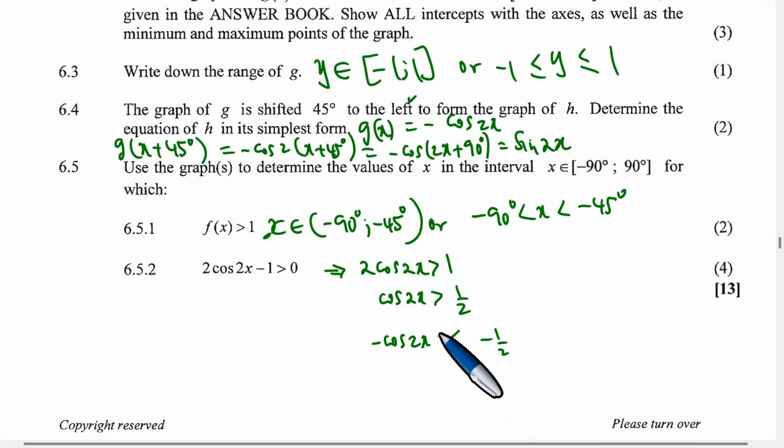We're doing that because this is actually g. G is minus cosine 2x, so it is effectively saying g is less than minus 1/2.